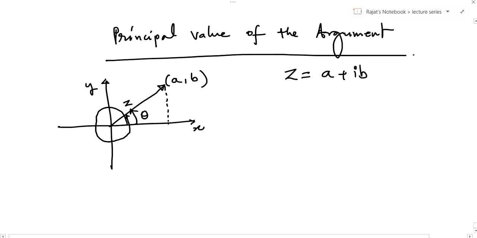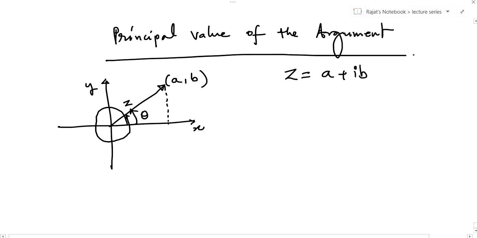So this is again going to be the argument, and you can further repeat it. If you are turning around, let us say n times, where n is a natural number, that will also be the argument of the complex number. So how to differentiate? There can be infinite arguments for a complex number.